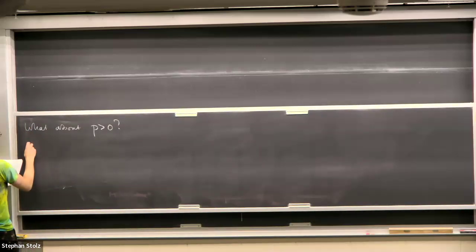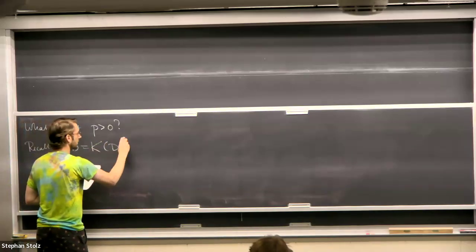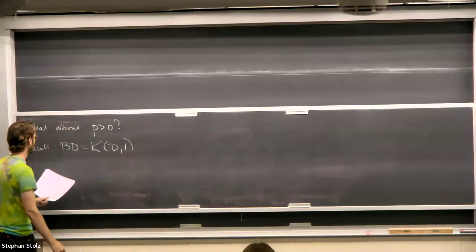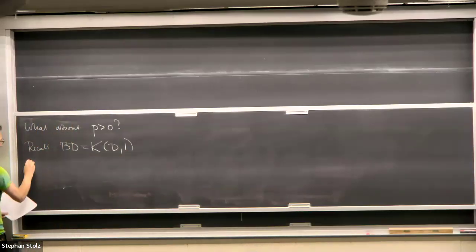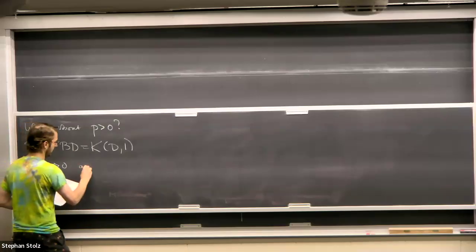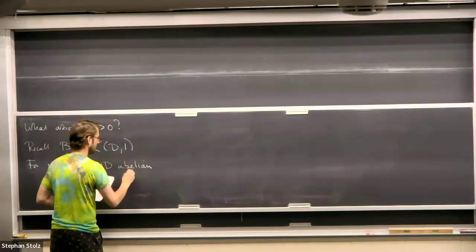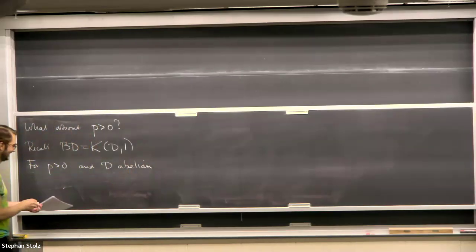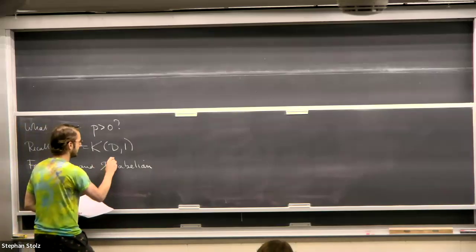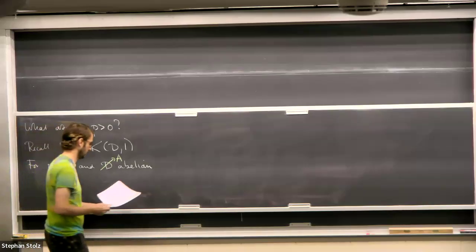So remember, BD was this Eilenberg-MacLane space, for P greater than 0 and D abelian. I'm going to quit calling it D, to emphasize it's abelian, I'm going to call it A now. We have an abelian group A.